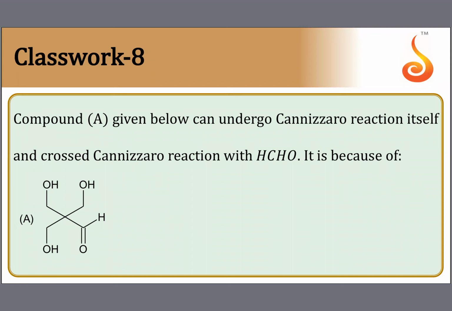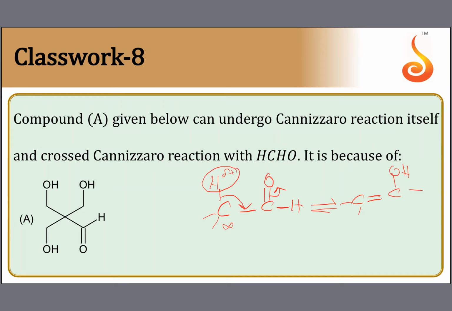Non-enolizable alpha carbon means the alpha carbon should not have alpha hydrogen. Enolizable alpha carbon means, suppose one hydrogen is there, alpha hydrogen, then we can get the enol form, C double bond C with OH. So this is called enolizable alpha hydrogen.